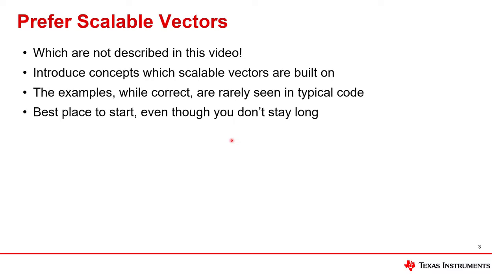But eventually, after you get all that down, you move on to algebra, where you start talking about A = B + C, solve for C. So this video is at the arithmetic level. Scalable vectors are at the algebra level. Even though we don't talk about them in this video, this is a necessary step toward the scalable vectors that will be discussed in a later video.